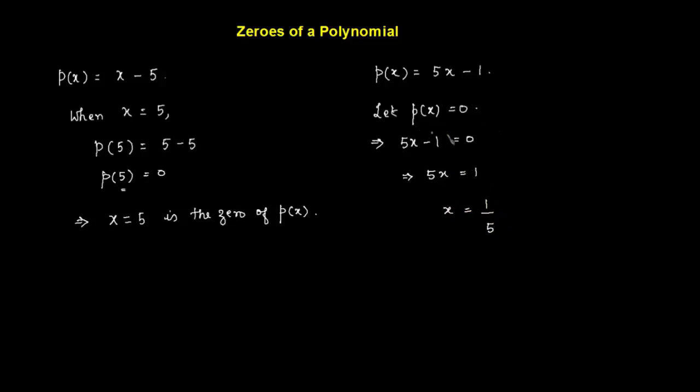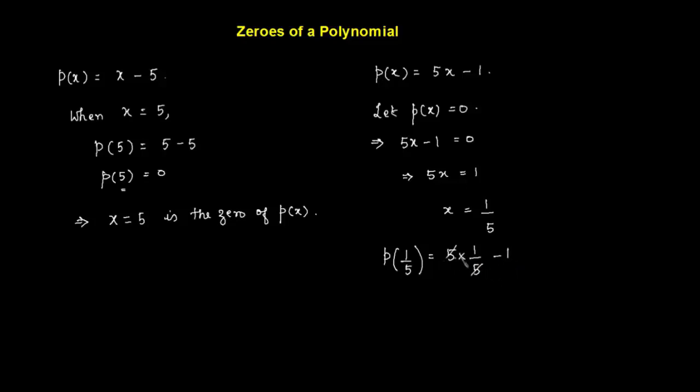So, if P of x is going to be equal to 0, then x is going to be equal to 1 by 5, which means 1 by 5 is the 0 of the polynomial P of x, because let us see what happens when x is equal to 1 by 5 is put into the polynomial. So, what is P of 1 by 5? P of 1 by 5 is nothing but 5 multiplied by 1 by 5 minus 1.